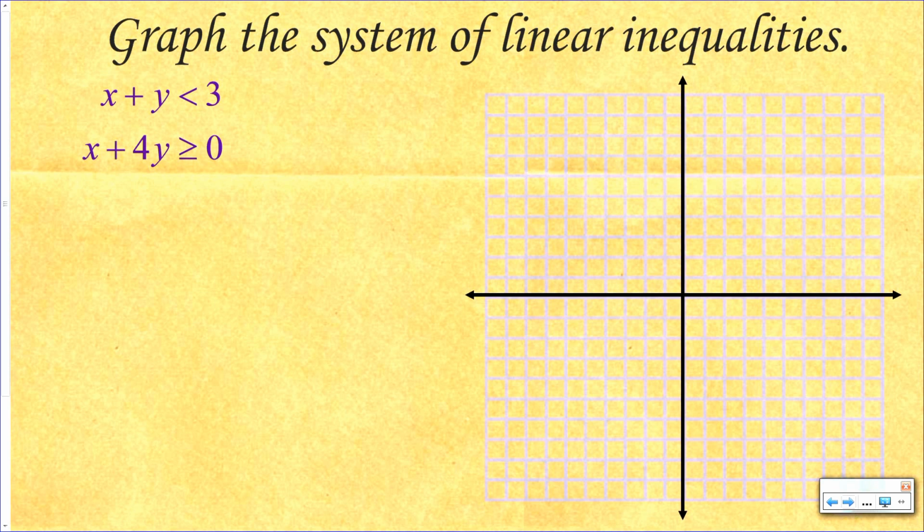Okay. So we're going to graph the system of linear inequalities. Instead of just graphing one line on one graph, we're going to graph two lines. So if I have A and B, and I want to graph A first, I have X plus Y is less than 3.